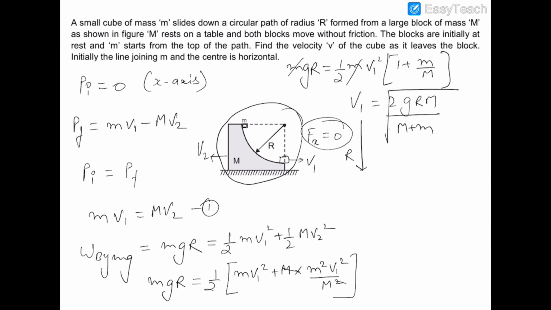This is the final answer of the velocity of the block when it will leave the wedge.